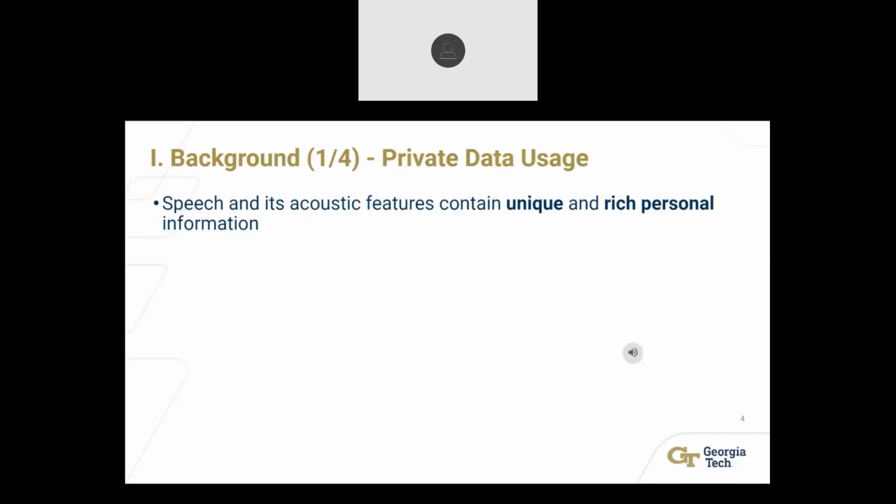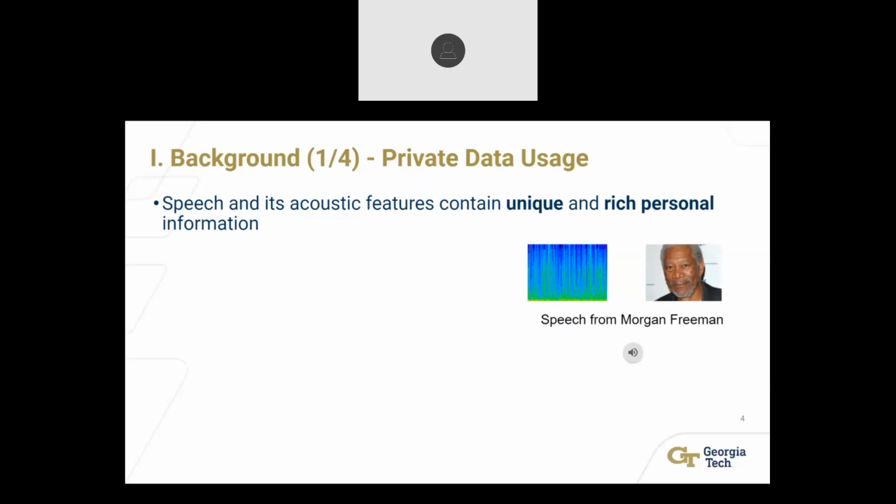Right. So before we start, any data, like speech or faces, especially speech and its acoustic features, contain unique and rich personal information. For example, when we hear the voice of Morgan Freeman, the speaking style and the accent make it easy to figure out who the speaker is, the gender, and that kind of information.